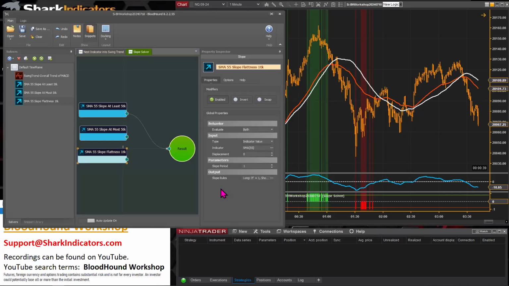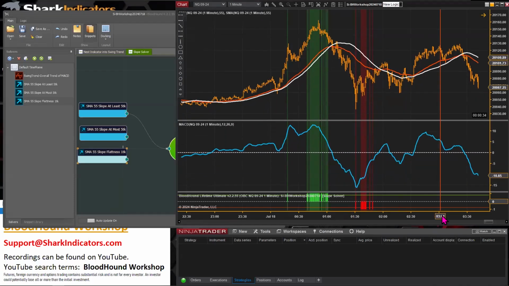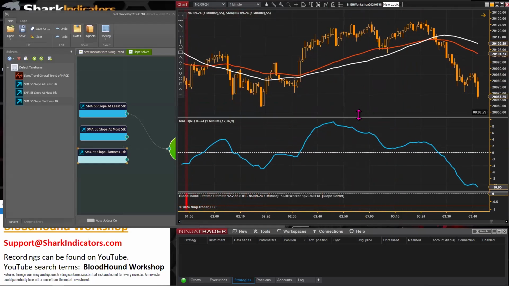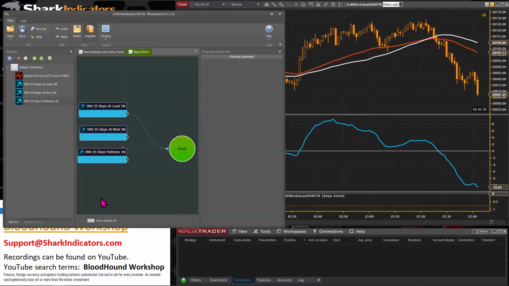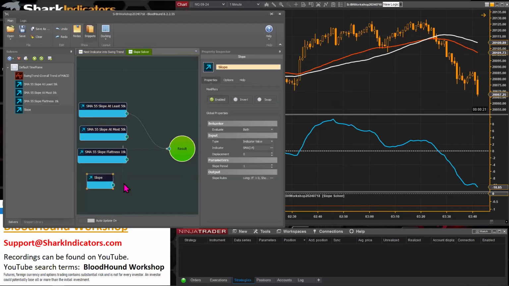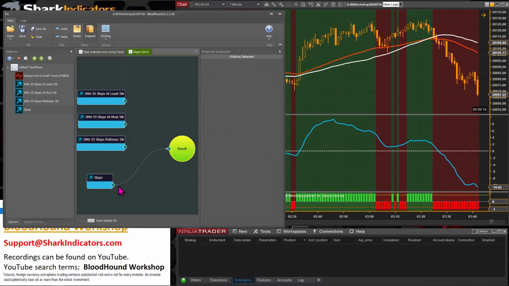Let's see. All right, so my next example here, let's move on to the MACD. All right, I'm going to start from scratch here and just add a new slope solver. Let's connect that in, move that stuff up.